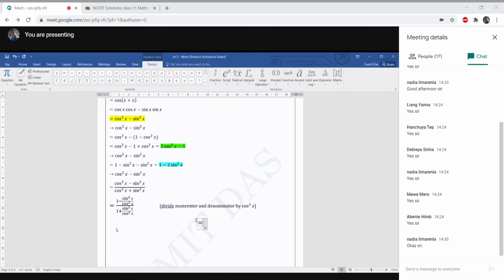So next line, it will be 1 minus sin square x by cos square x, which will be tan square x, and denominator also 1 plus tan square x.